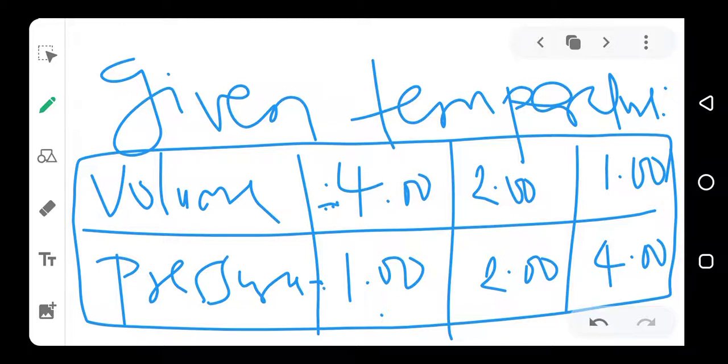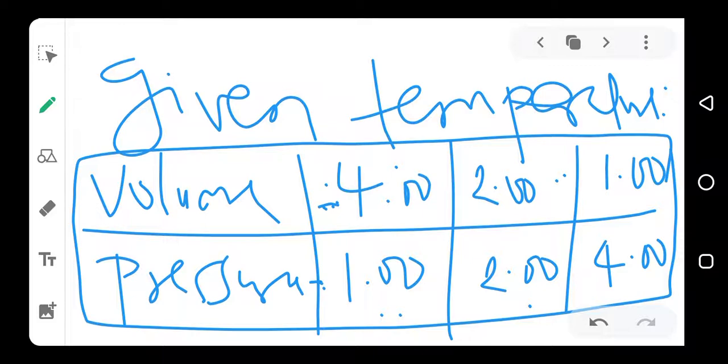Now we are looking for P2 when the volume is 3.20. We can pick any of these, but if we pick from here, we must pick the one under it. If we pick 2.00, we also have to pick 2.00 here. If we pick 1.00, we have to pick 4.00 here.